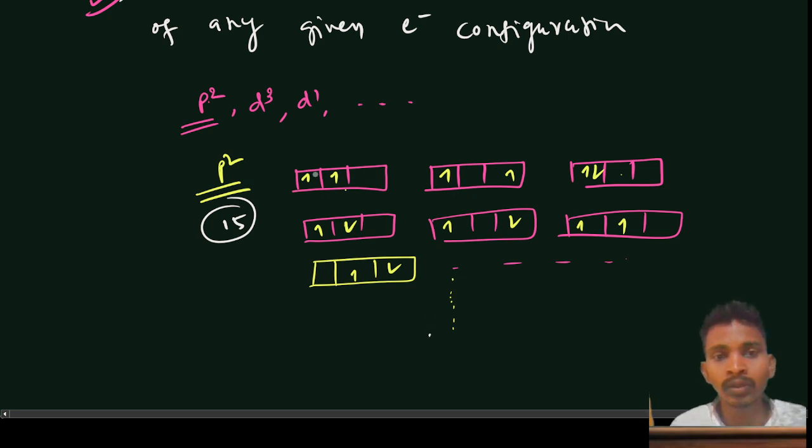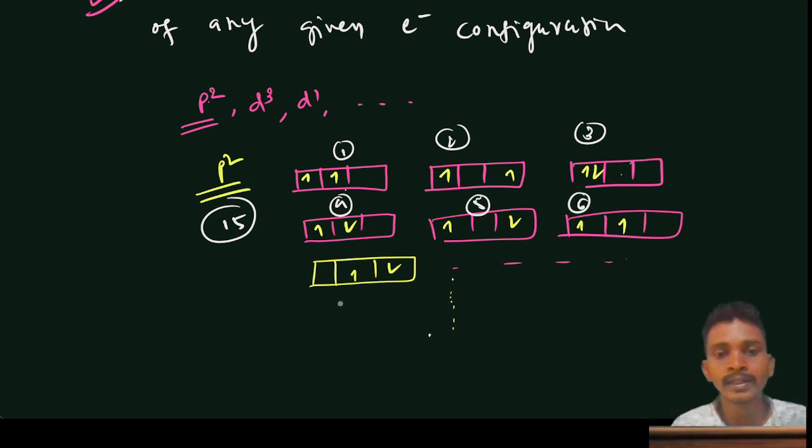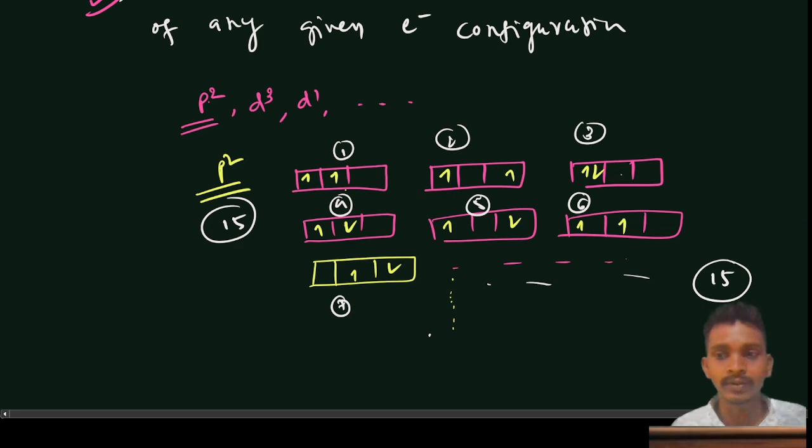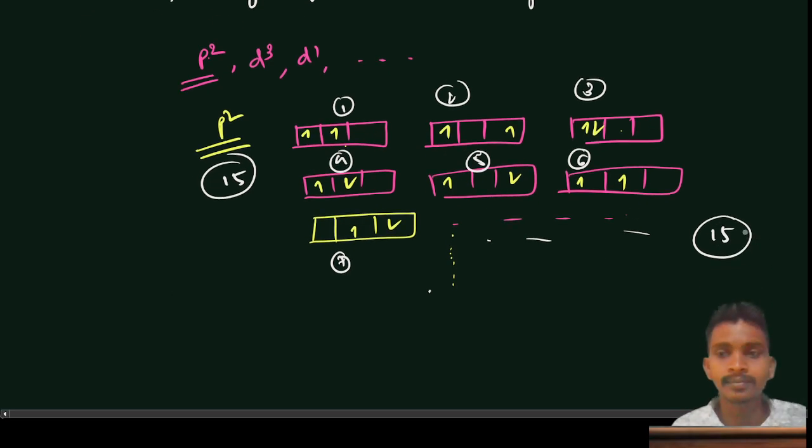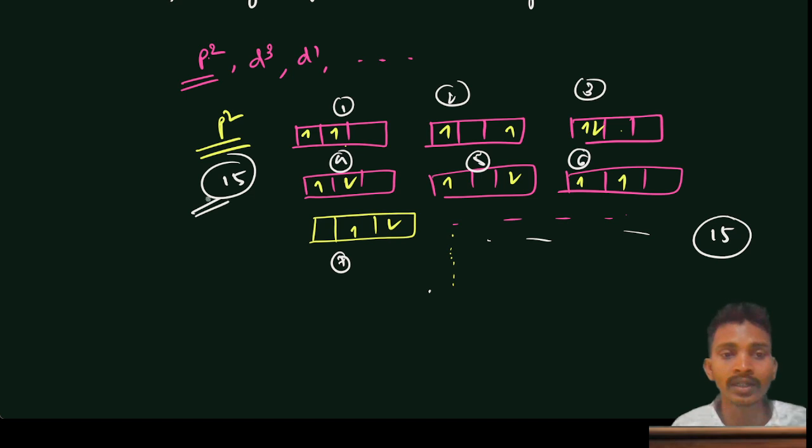Likewise we can count 1 2 3 4 5 6 7, like that, 15 types of arrangements are possible. So that is called the microstates. For that, some formulas are there. What formula do I use to get that 15?